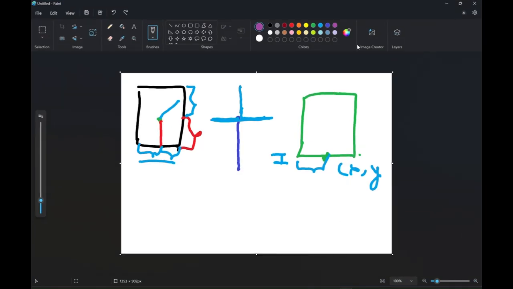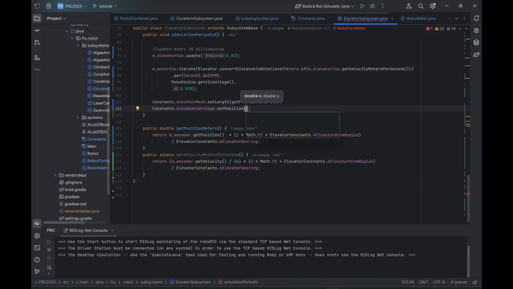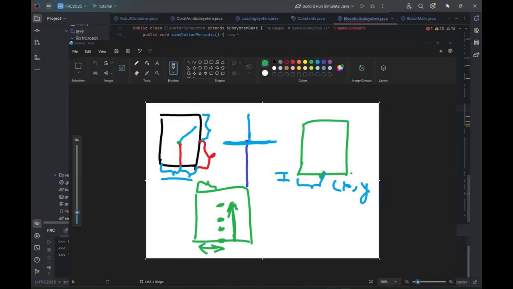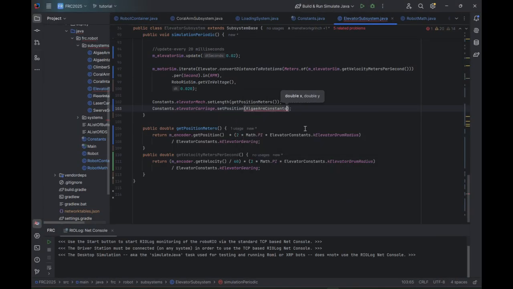So if you think of that, the carriage just keeps moving up, down, up. The x value doesn't change. The only thing that is changing is the y. So that's why here we set x to half of the width, which is the arm length constant.